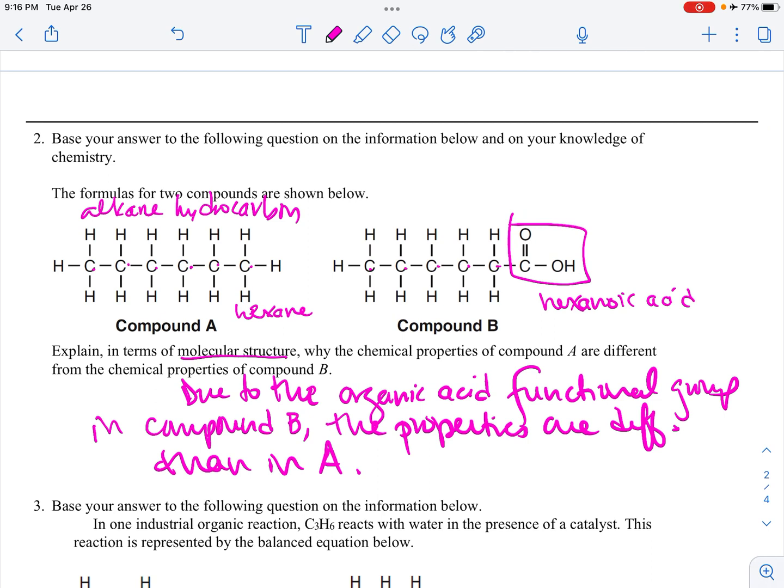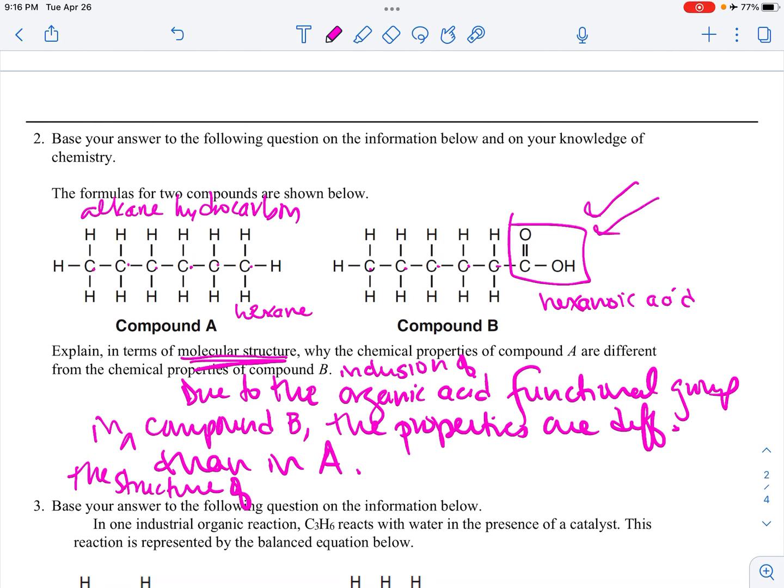So due to the, maybe I should add the inclusion of the organic acid functional group in the structure of compound B. There you go. So make sure we're talking about the structure, how it's built, the inclusion of that.